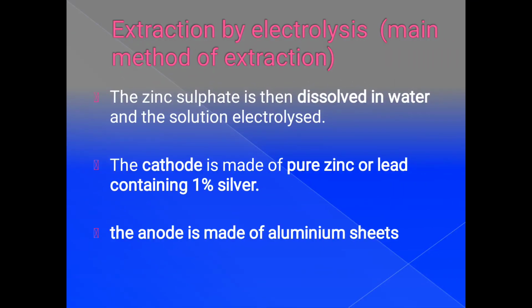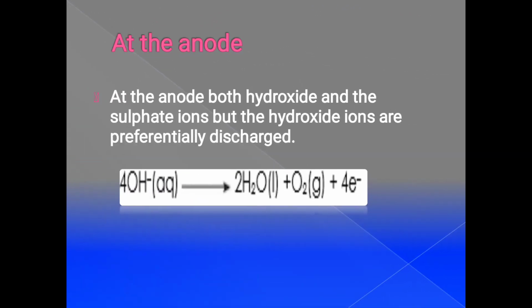So extraction by electrolysis is actually the main method of extraction. The zinc sulfate is dissolved in water and the solution is electrolyzed. The cathode is made of pure zinc or lead containing 1% of silver, while the anode is made of aluminium sheets.